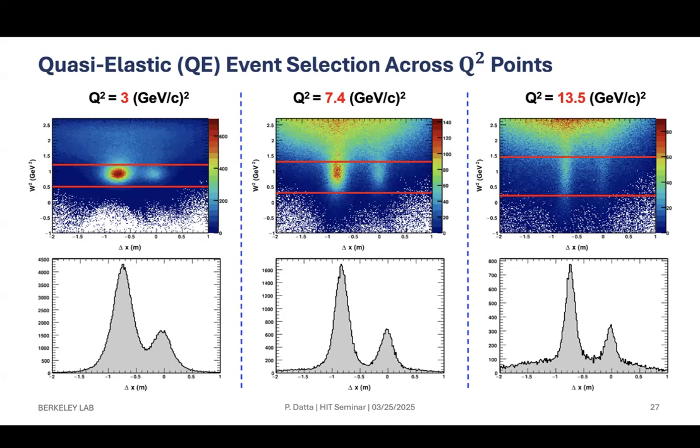But in each case, with a well-defined W squared cut, we can very effectively select our quasi-elastic events of interest and reject inelastic background. Also, with increasing Q squared, the position resolution increases, giving a very fine separation of the proton and neutron events even at the highest Q squared point, which is the most challenging one, as you can see here, which is very reassuring. But as I've mentioned before, it is necessary for us to fit this distribution to be able to extract the corresponding counts and the ratio.